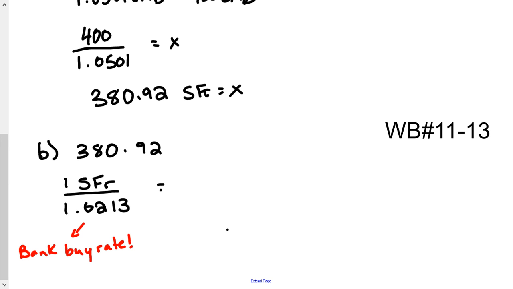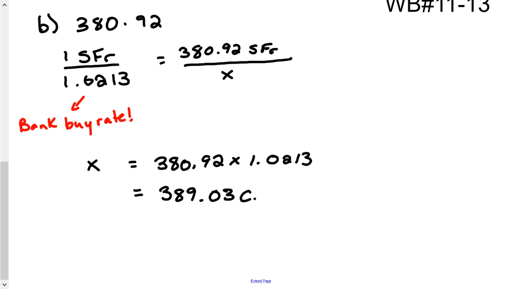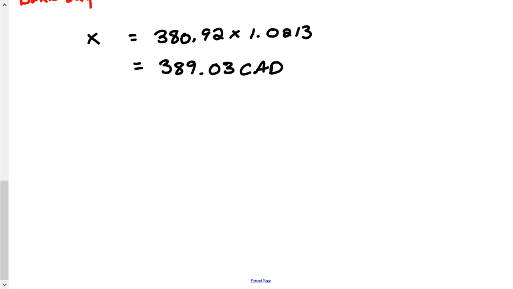So the bank buy rate is equal to the amount of francs that I have over X. So when I multiply this out, X is equal to 380.92 over nothing, times 1.02, which is equal to 389.03 CAD.